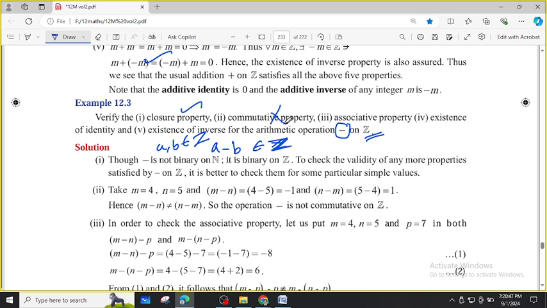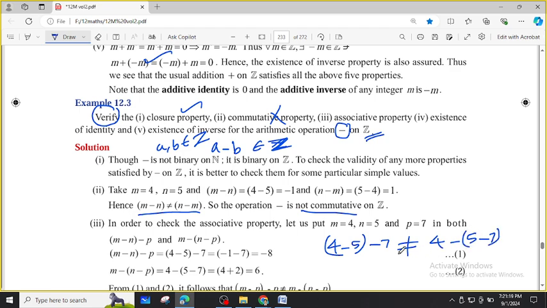Commutative is not true, because a minus b is not equal to b minus a. m minus n is not equal to n minus m. So integer subtraction is not commutative. Similarly, it is not associative. You take three elements, for example 4, 5, 7. Now we are subtracting 4 minus 5 minus 7, which is not equal to 4 minus 5 minus 7 with the other grouping.